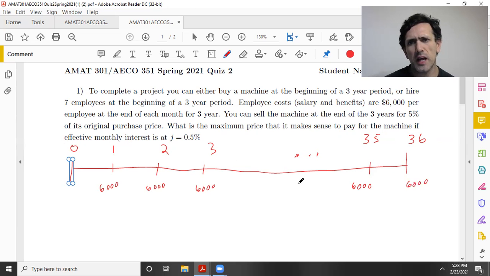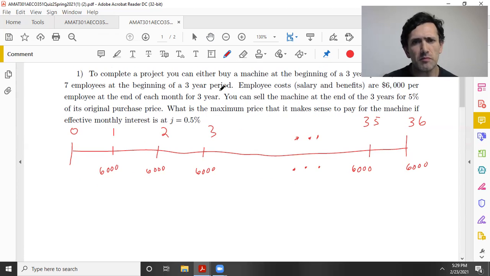Just like I did in homework, I'm going to take the accumulated value of everything. Some people took the present value of everything. I'm more than thrilled if you did. As I mentioned, for equations of value, it really doesn't matter all that much where your reference date is, as long as you consistently and accurately time value everything to that relative date, you're going to get the same answer.